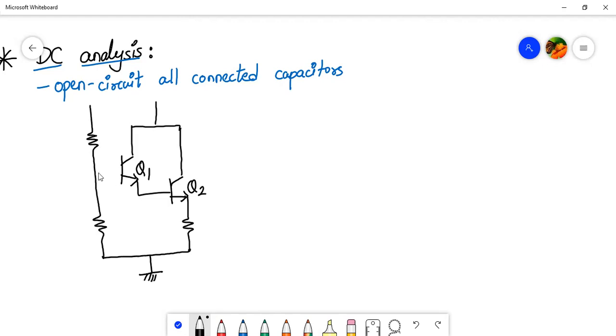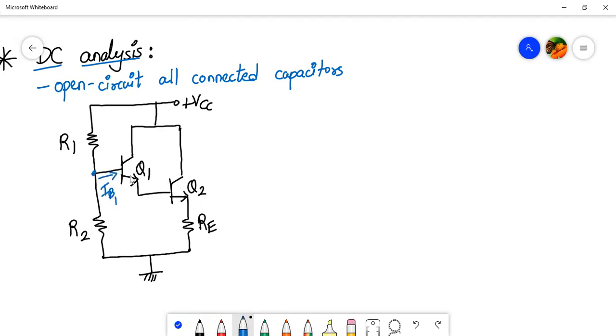This is connected to the ground. This is connected to the base terminal, and this will be connected to VCC. R1, R2, emitter, RE, right?